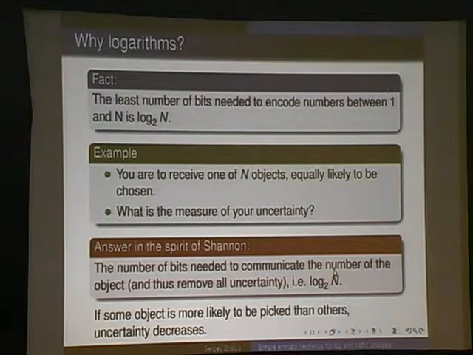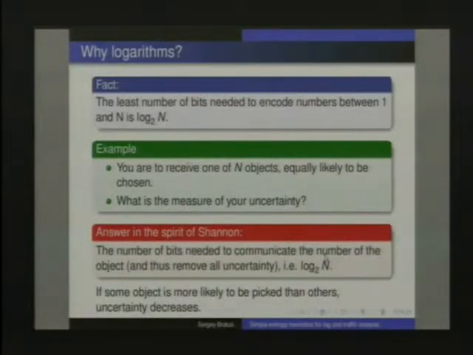Claude Shannon, who founded this whole theory discipline, gave the answer along the lines of the number of bits needed to communicate which object you are getting. Let's say the number of the object. They're all numbered, right? Ferrari is number 1, and the bicycle is number 2, or probably the other way around.